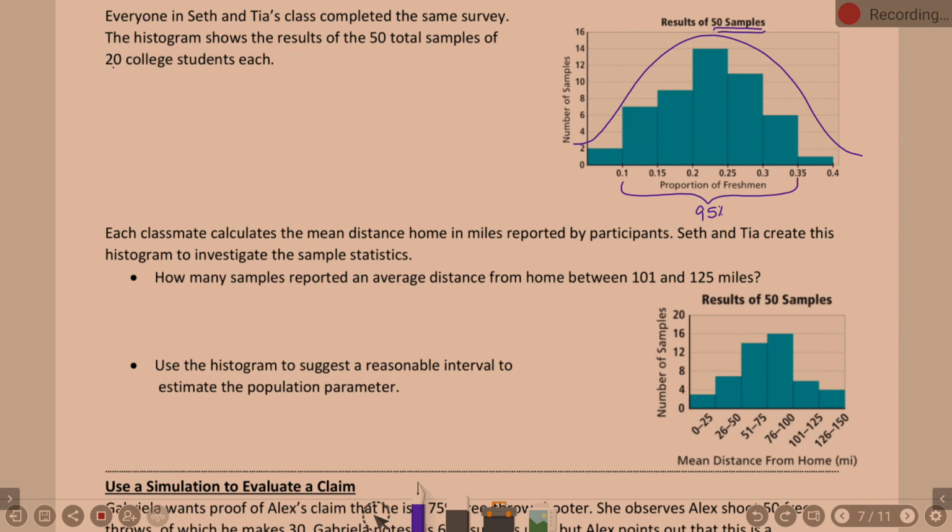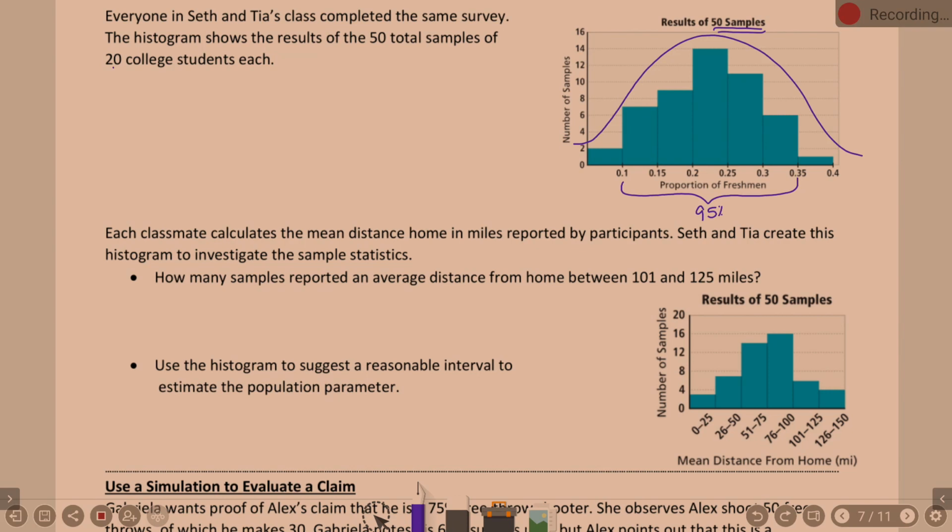Most of the data falls in that 95%. Now, think about it, does it make sense? We've got a little tail here, a little tail here, right? So those little tails are going to be the extra total of 5%, or 2.5% on each side. So majority of the data, and I think the graph proves it, falls in that 95%.